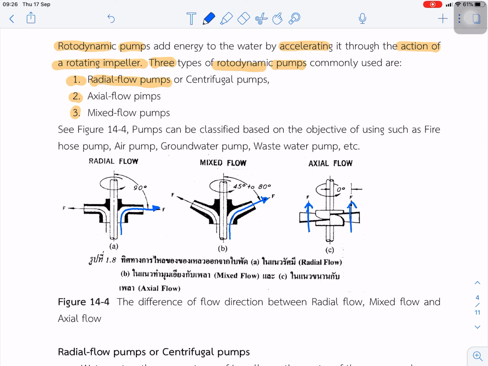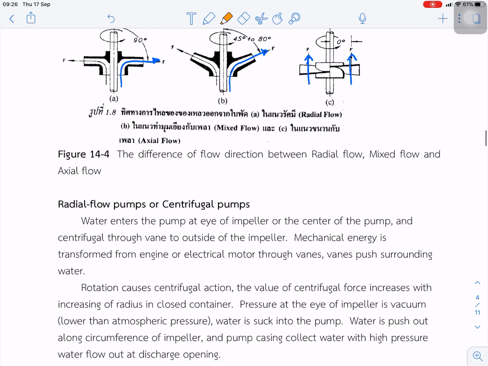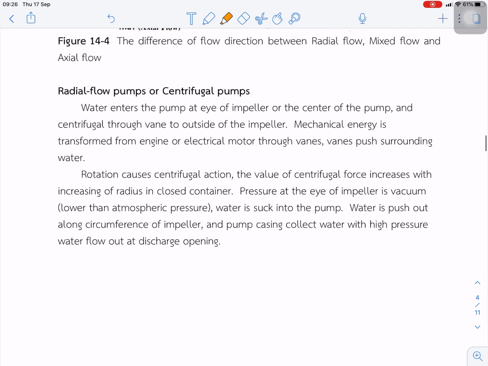The other classification is based on the objective of use, for example fire hose pump, air pump, groundwater pump, and wastewater pump. For the radial flow pump, the common name is centrifugal pump.